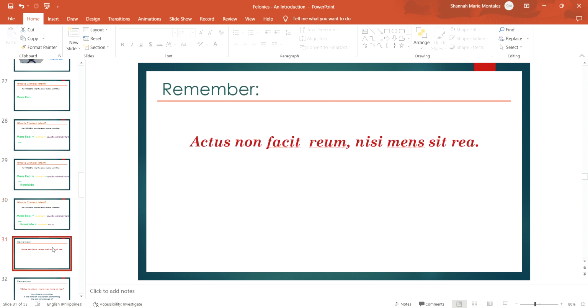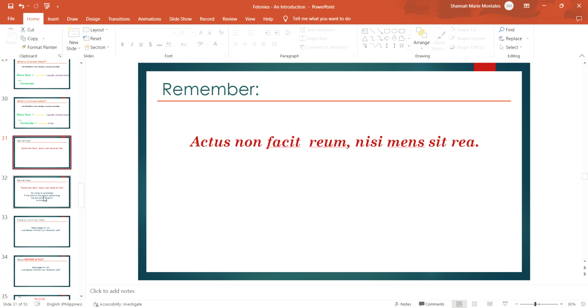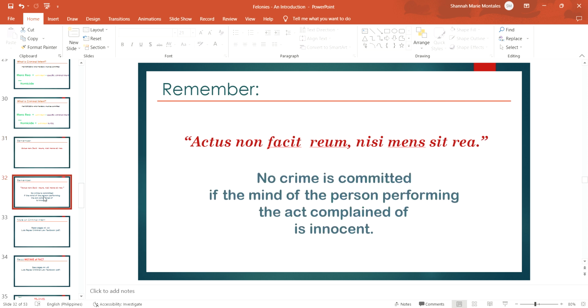So remember this Latin term, another Latin term. Actus non facit reum, nisi mens sit rea. What do you mean by this? It means that no crime is committed if the mind of the person performing the act complained of is innocent. Okay?